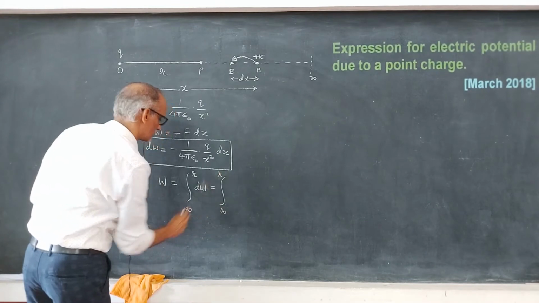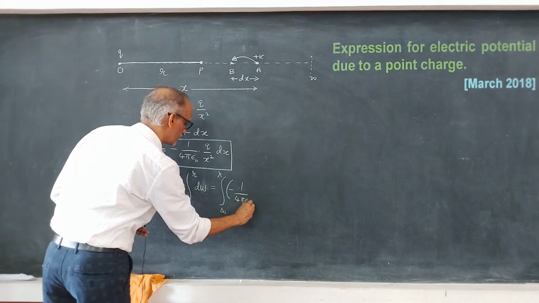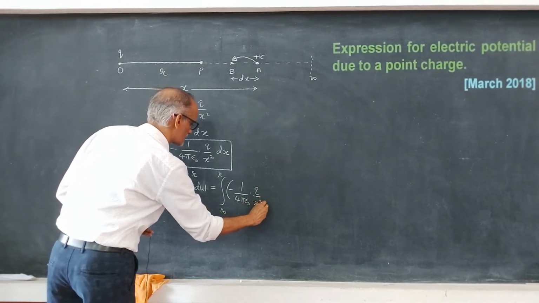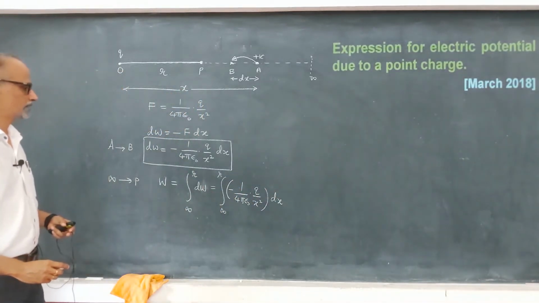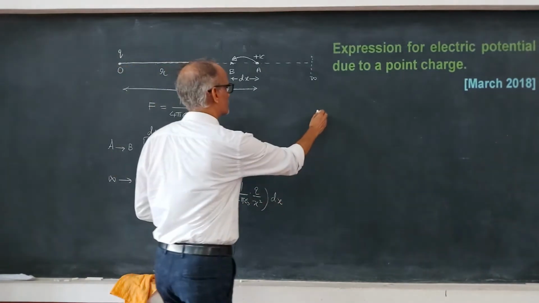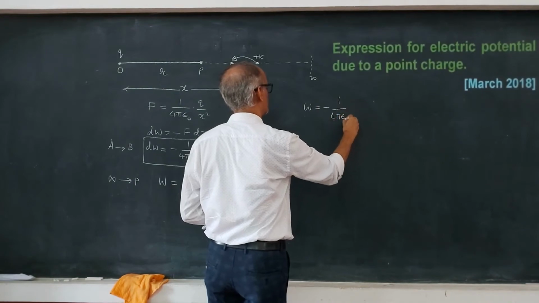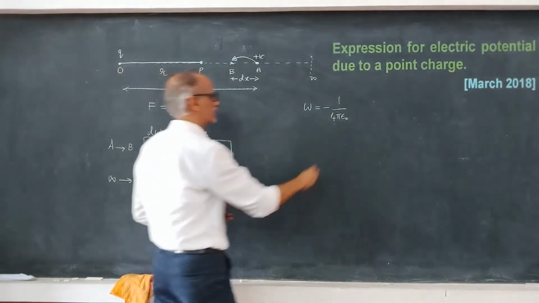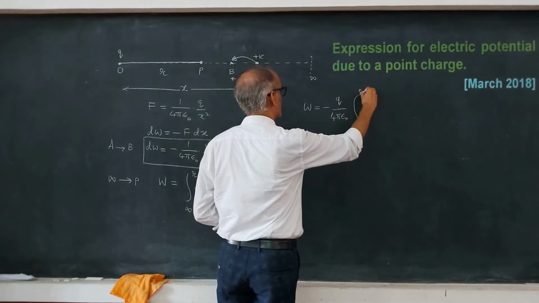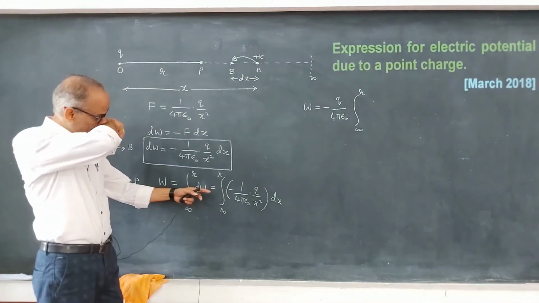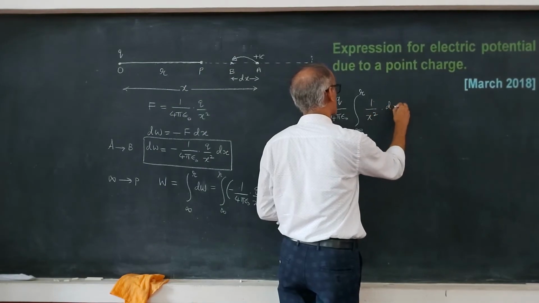So, this is equal to the integral from infinity to r, where dW is nothing but minus 1 by 4 pi epsilon naught q by x square into dx. Now, write the constant outside the integration. So, W is equal to minus 1 by 4 pi epsilon naught q, and then integration from infinity to r, and what is left within the integration is only 1 by x square into dx.